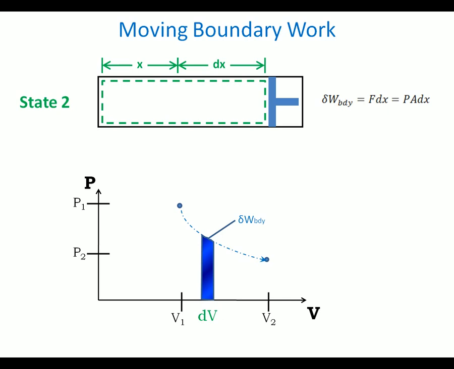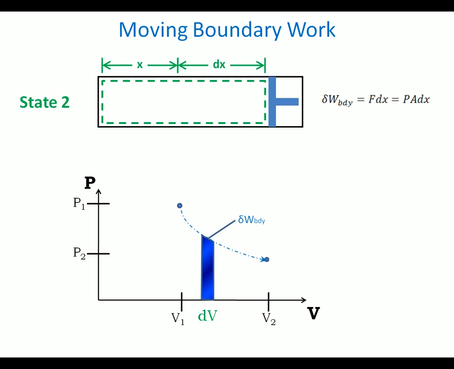We can equate the force to pressure times area, since pressure is equal to force over area. So del moving boundary work is pressure times area times the differential of x.